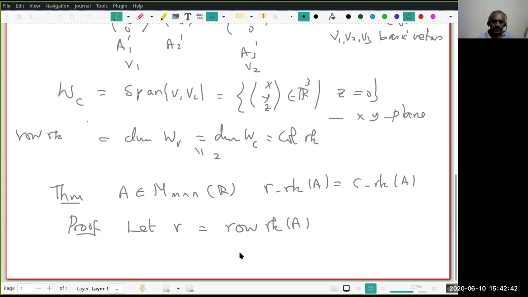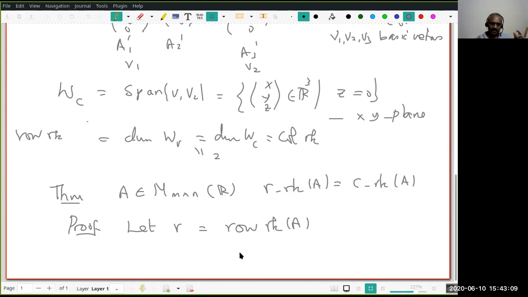What does that mean? That means among the row vectors, rows of A, that is A1, A2, ..., AM, I can find AI1, the I1th row, AI2, the I2th row, and so on, AIR, the IRth row. These are linearly independent and these are maximal. That is, if you add any further AJ, a row vector, then it is going to be linearly dependent.